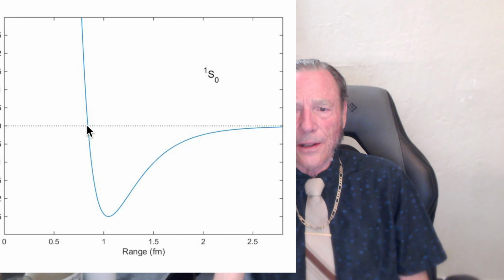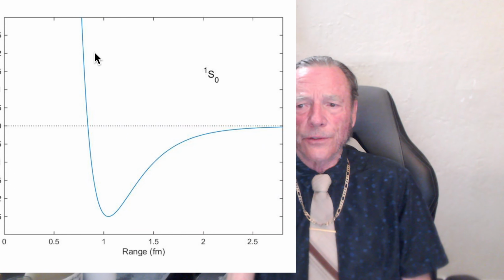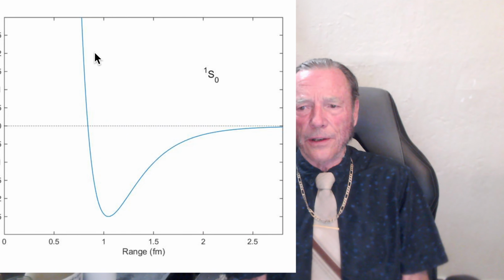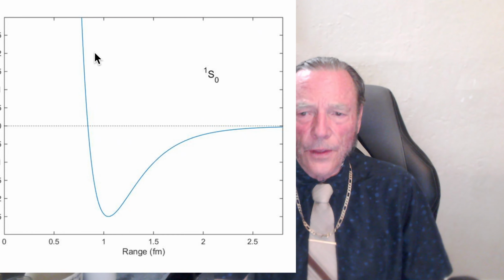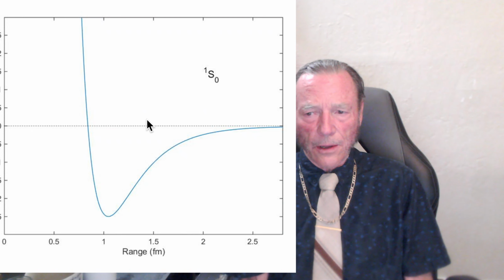If its velocity is very high, which it was back here, and by here it still has velocity, then the force relationship is repulsive and it goes to infinity in a very short distance, which the proton cannot break. This force curve shows that the two protons will not collide.